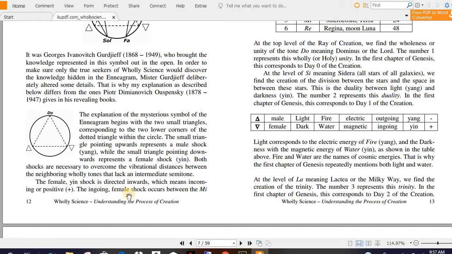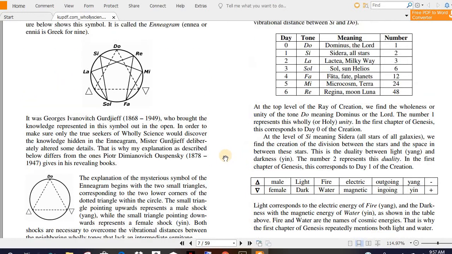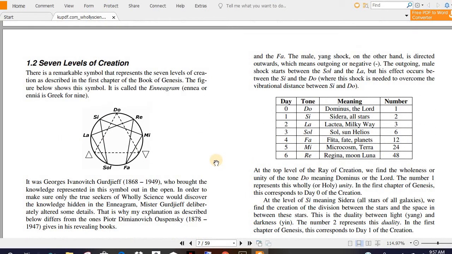The ingoing female shock occurs between the mi and the fa. The male yang shock, on the other hand, is directed outwards, which means outgoing or negative.